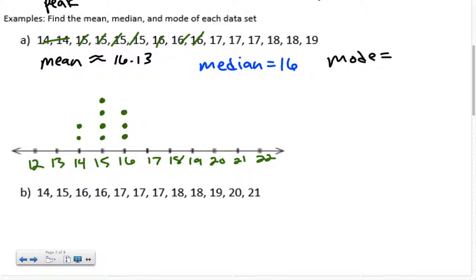Again, if I'm going too fast, pause it. 1, 2, 3 17s. 2 18s and a 19. Okay. So now we can look at this and clearly 15 is our mode.